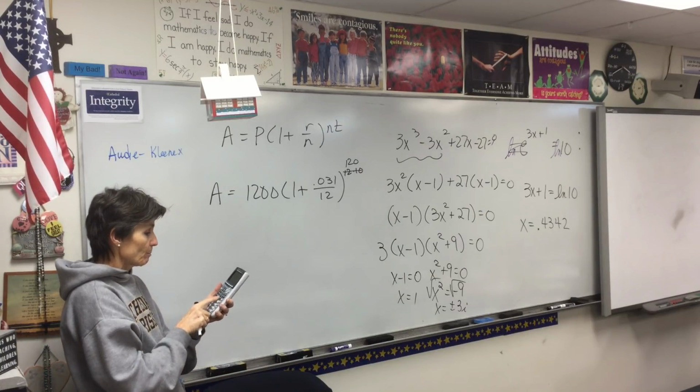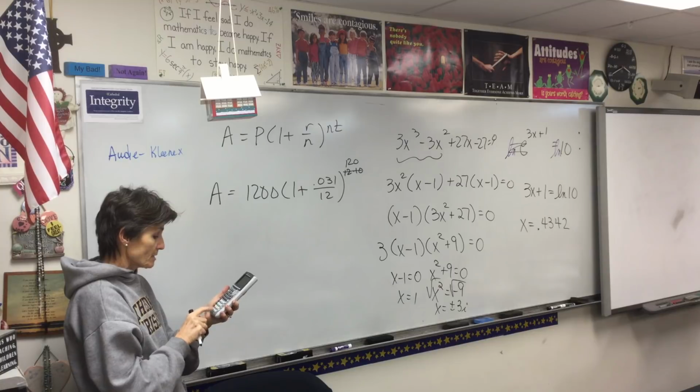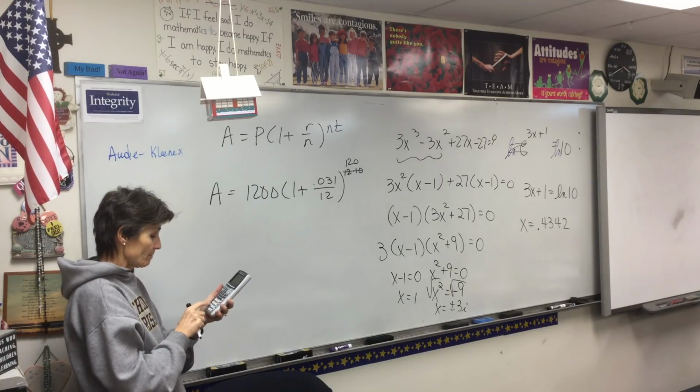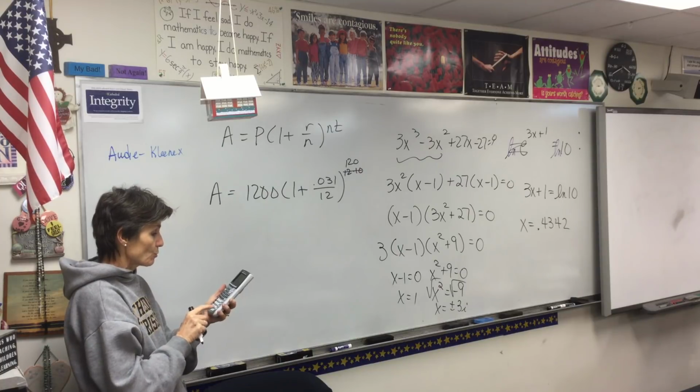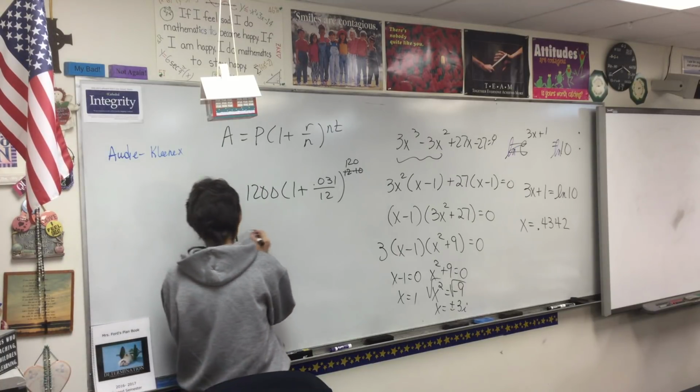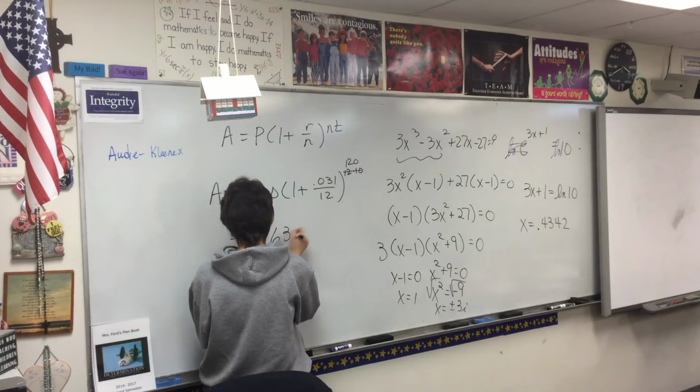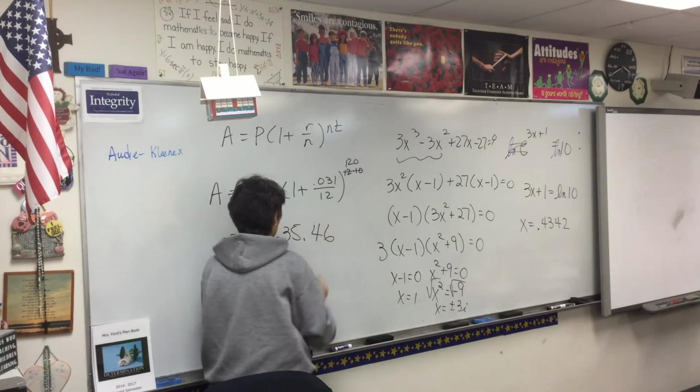I don't need logarithms, I don't need to do anything fancy, I'll type exactly what I wrote. So 1,200 parentheses, 1 plus 0.031 divided by 12, close parentheses, raised to the 120th. And you're going to have 1635.46.